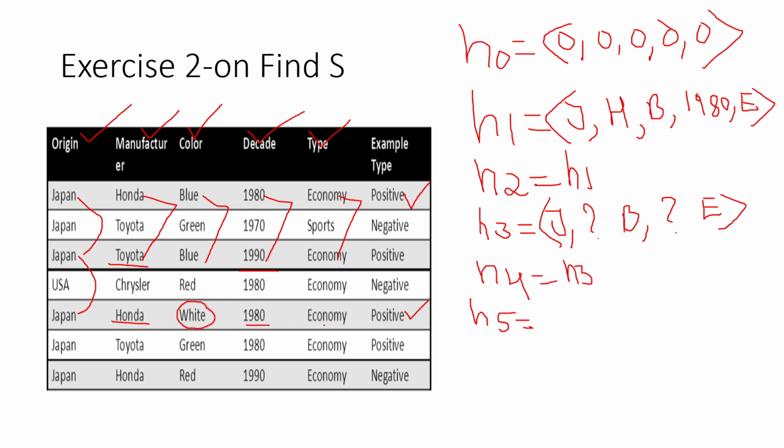This already we have ignored. And the last parameter is same. That means Japan is same. Second parameter, no change, that is question mark, it can accept any value. Third, color need not be blue, it is white also. So question mark. Here already changed, economy.